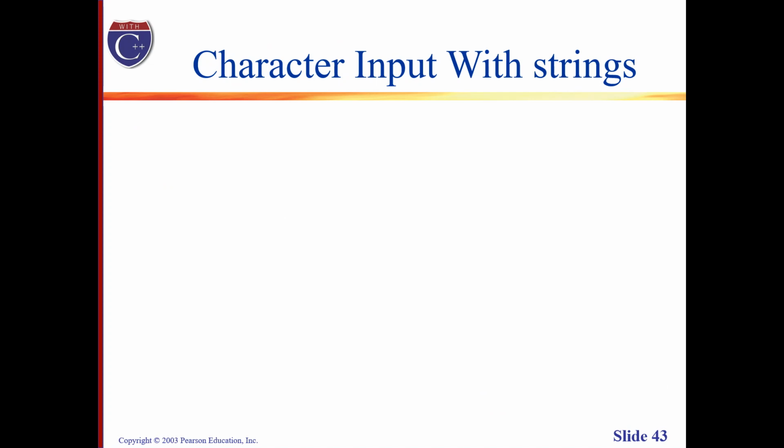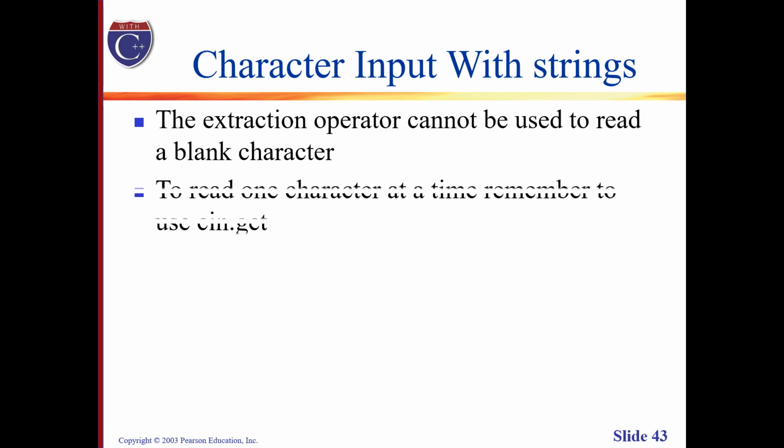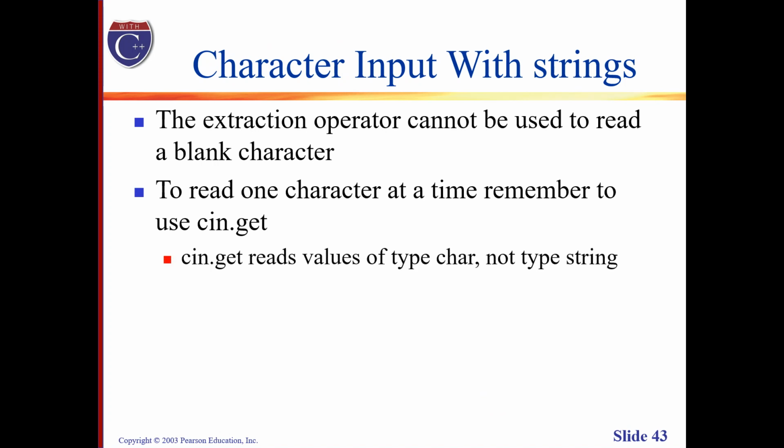How do we do character input with strings? The extraction operator cannot be used to read a blank character. To read one character at a time, remember that we need to use cin.get. What it does is it reads values of type char, not type string.